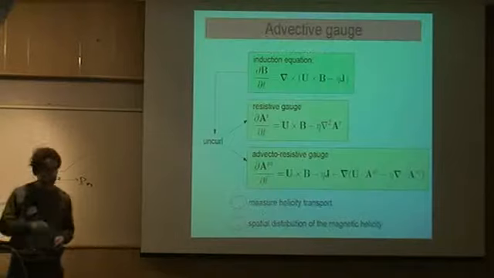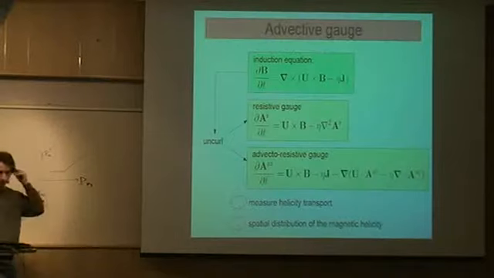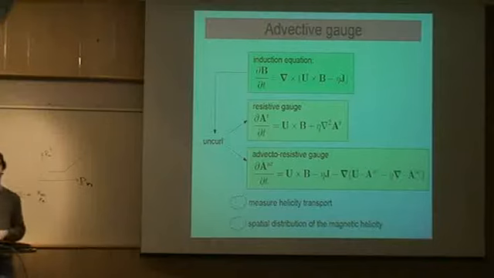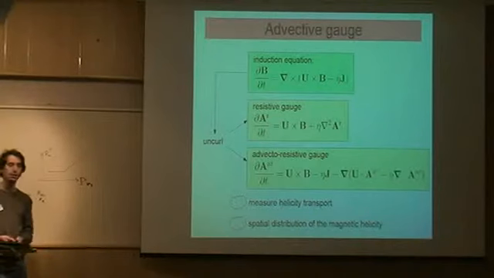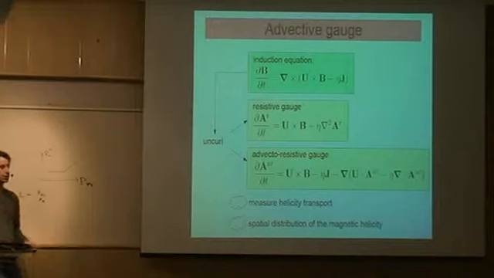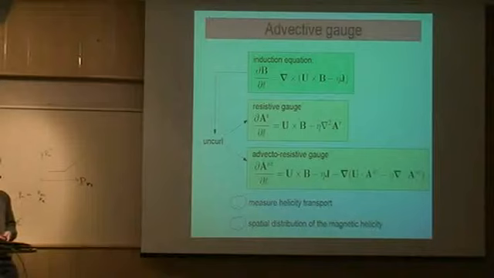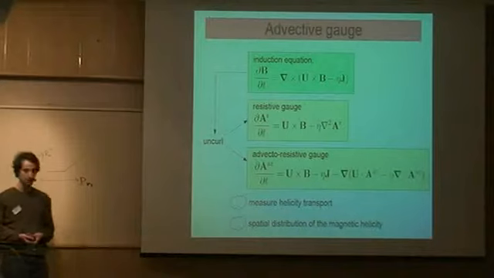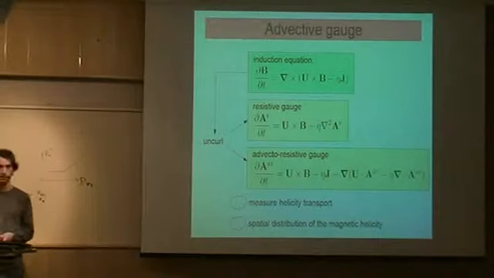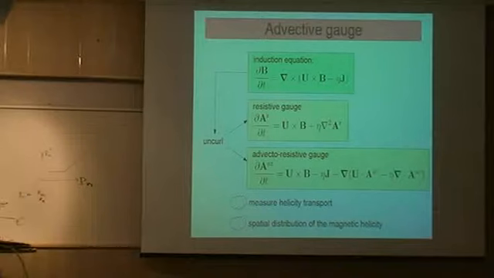And what we did in a subsequent work is we were looking at its gauge dependence. So magnetic helicity is of course gauge dependent, and also magnetic helicity fluxes are gauge dependent. So how does this influence the physics? Well, it shouldn't influence the physics at the end. What we did here, we considered a quite special gauge, which we call the vector resistive gauge. Now, why is it called that?